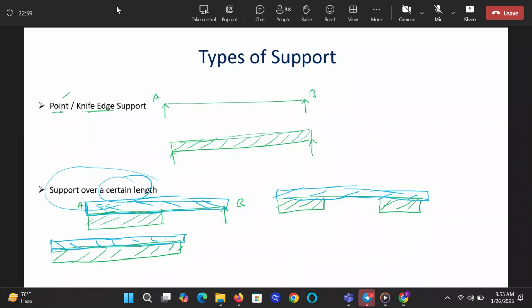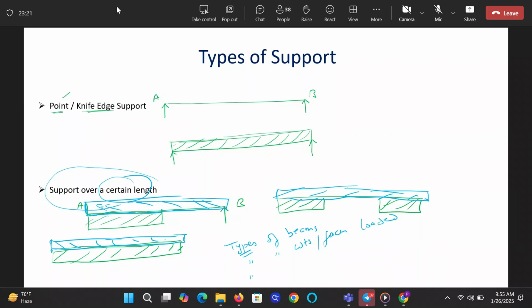So before we start our discussion, what have we understood? We have understood certain terms we'll use to describe types of beams. We shall use certain terms to describe types of weights or forces loaded on the beam.